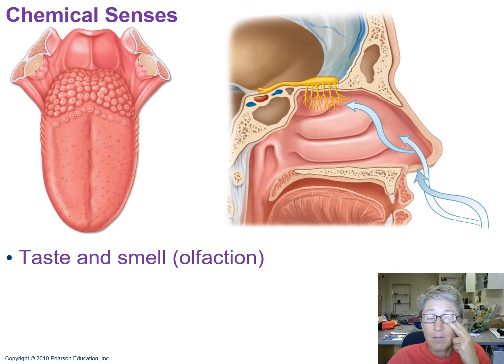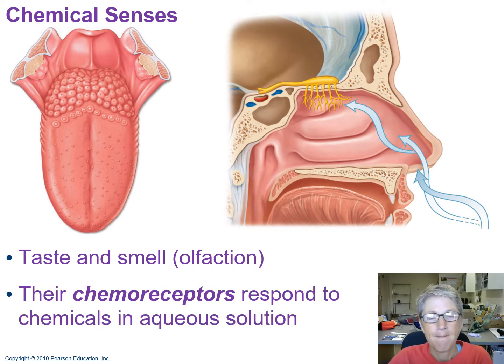So taste and olfaction are collectively called the chemical senses because the chemicals for taste are called tastants, and the chemicals for smell are called odorants. And in the taste and smell, the cells have chemoreceptors and they respond to chemicals, but only if the chemicals are dissolved in an aqueous solution.